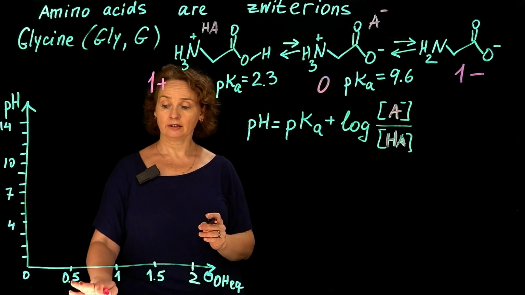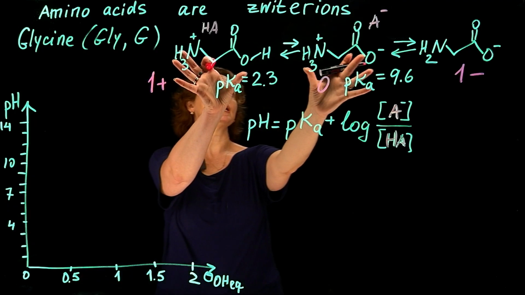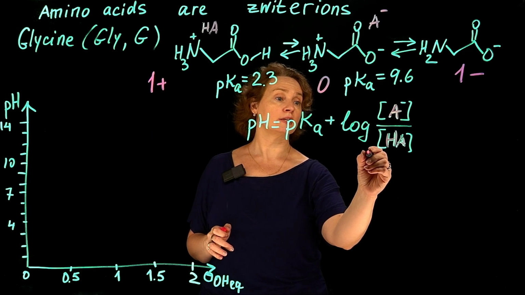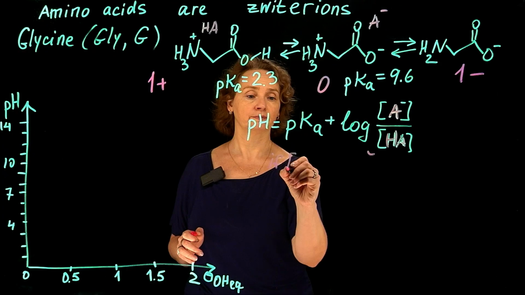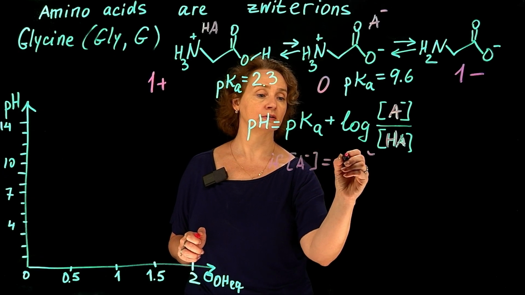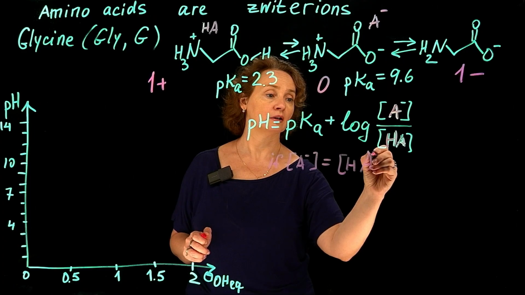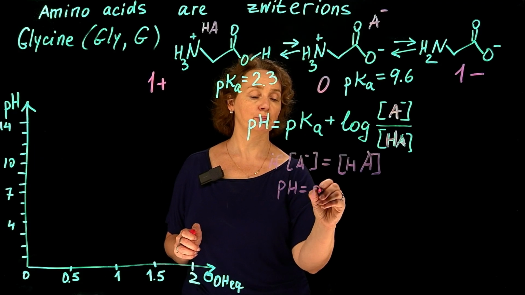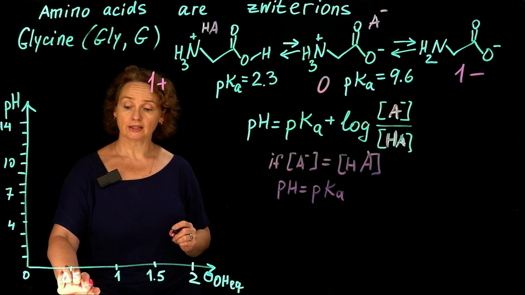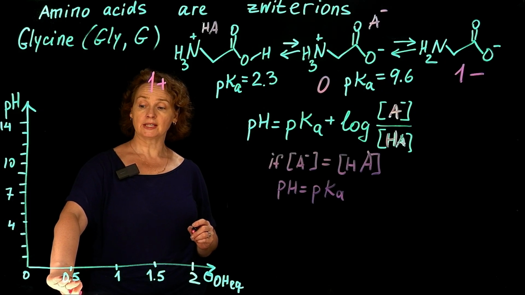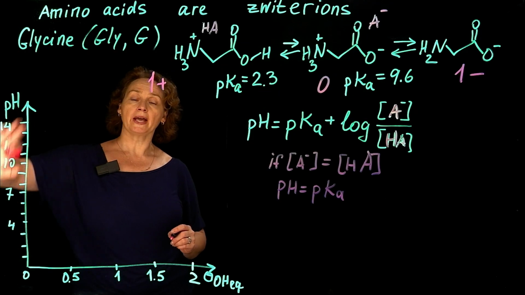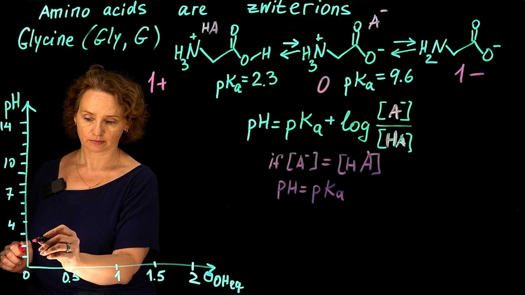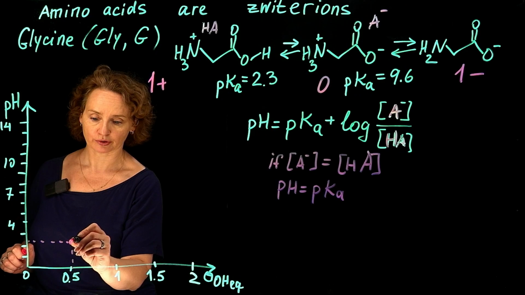So at half of the equivalent, we have equal concentrations of those two forms. So if those concentrations are equal, then we have the ratio equal 1, then pH equals pKa. So it means that at half of the equivalents added, the pH on the y-axis should be equal to 2.3. And it's around here. So I'll just put that point right here.